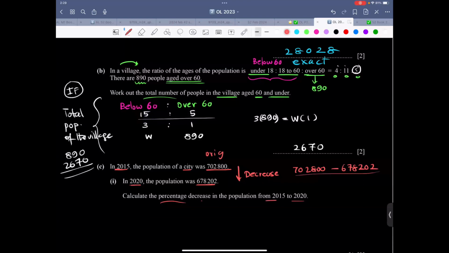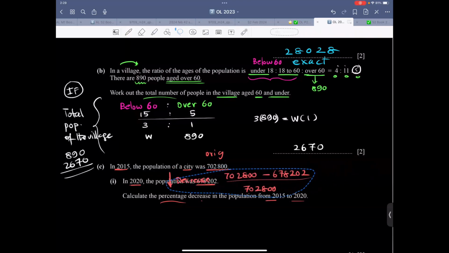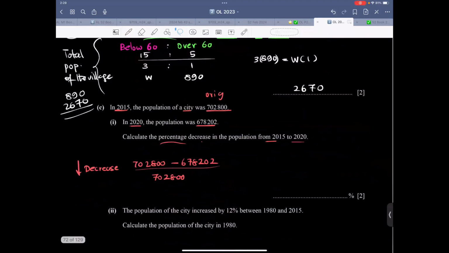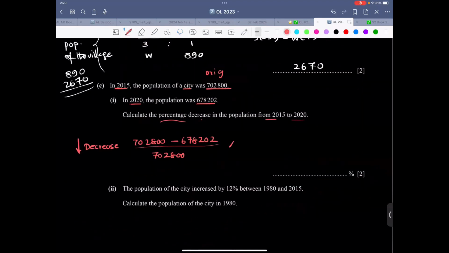So we divide by the original number, that is 702,800, and then we multiply by 100, and that is the percentage decrease. So decrease divided by the original into 100, and this value comes out to be 3.5%. The percentage sign is already there.